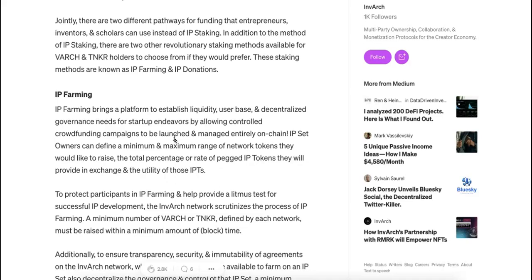So I think this is another way you can support the idea, the IP farming. It will establish more liquidity. Of course, you need some InvArch, like the VARCH token, to vote on what kind of IP token you can use, those kinds of things.